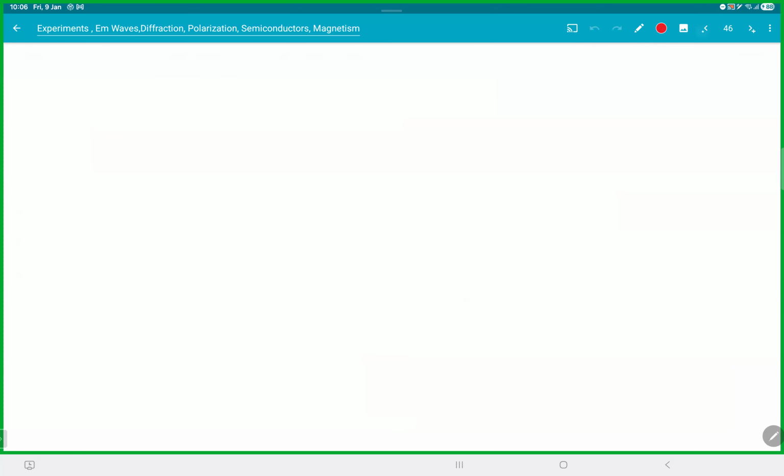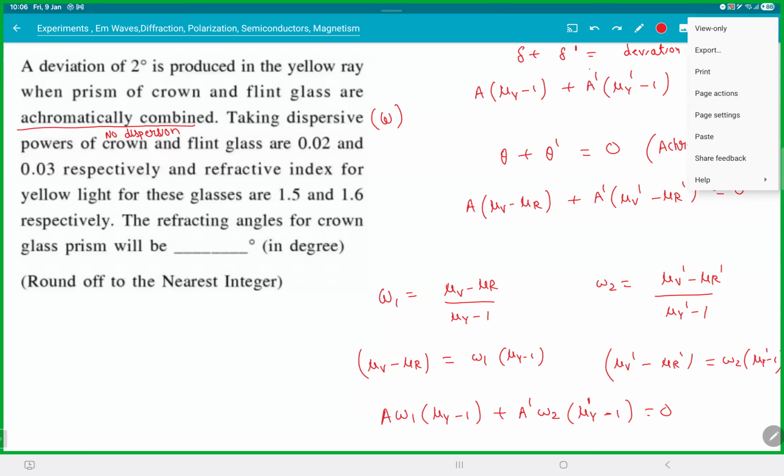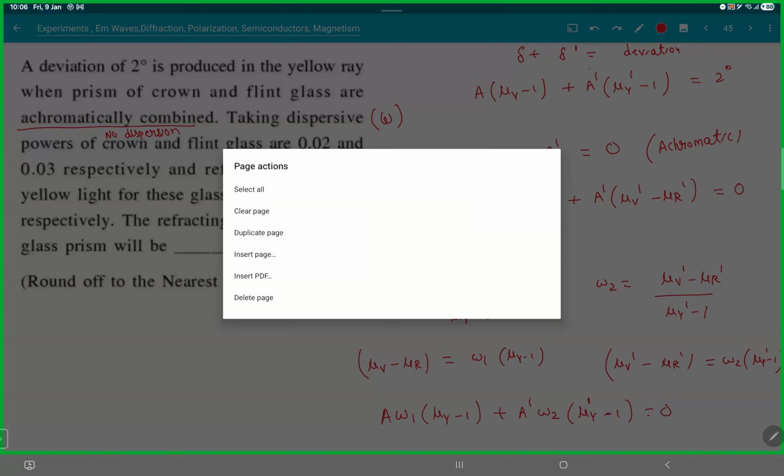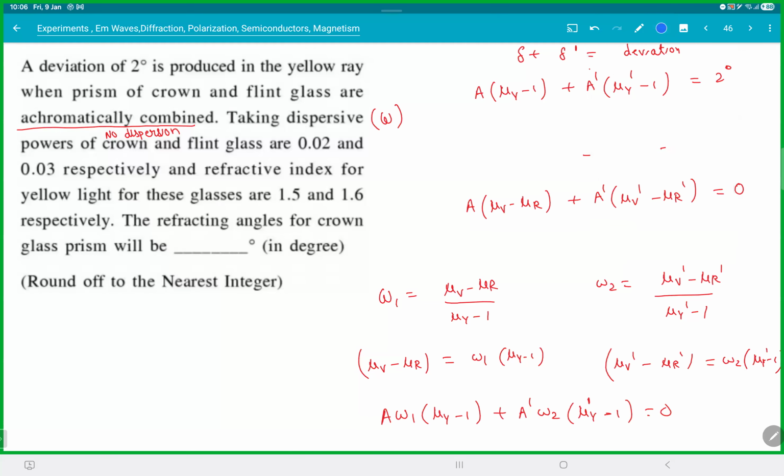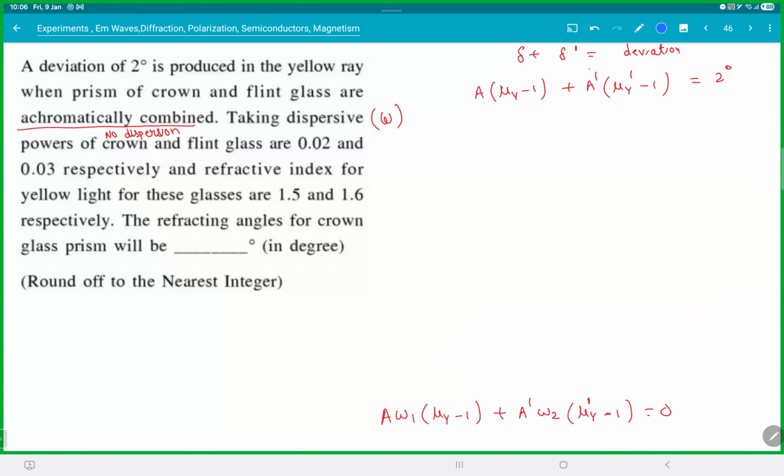So if I take these values again here, the A value we don't know. Omega 1 is 0.02, mu yellow minus 1 is 1.5 minus 1, plus A dash also I don't know, 0.03, 1.6 minus 1, is equal to 0.